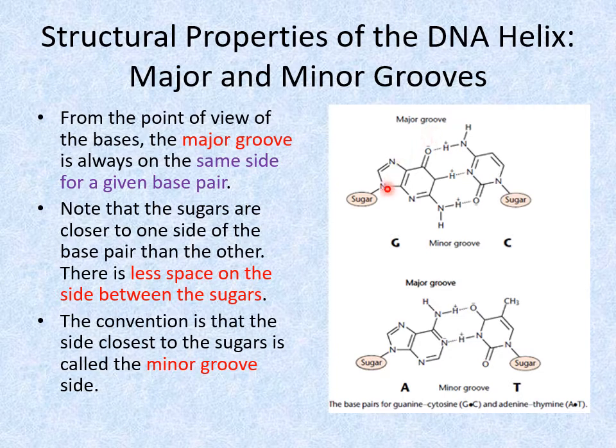And for a particular base pair, the position of the major groove is always the same, because it depends on the structure of these pyrimidines and purines. In case of A and T, adenine and thymine, this is the major groove, and this side will be the minor groove.